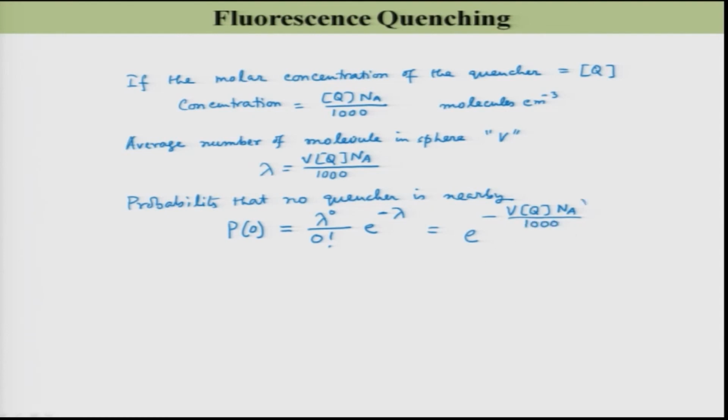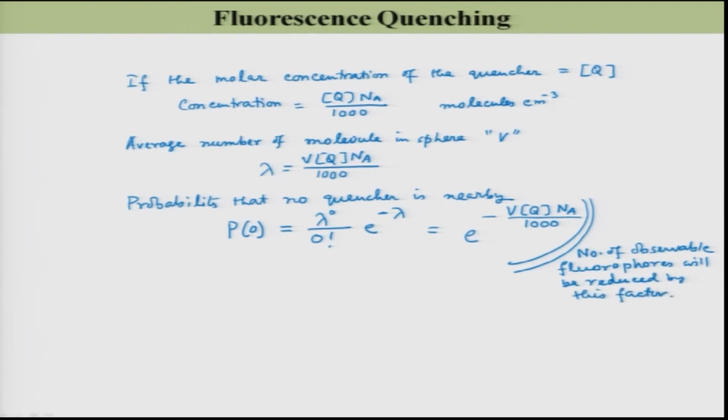It means that the number of observable fluorophores will be reduced by this factor, because this is P0, no quencher is nearby, right.